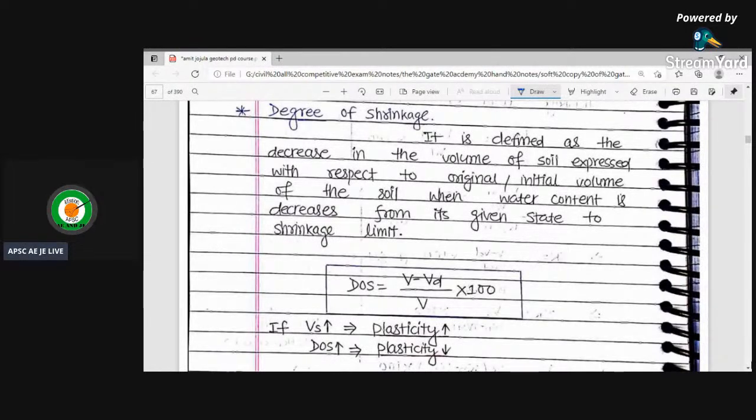Then coming to degree of shrinkage. It is defined as the decrease in the volume of the soil expressed with respect to the original volume, when the water content is decreased from its given state to the shrinkage limit.